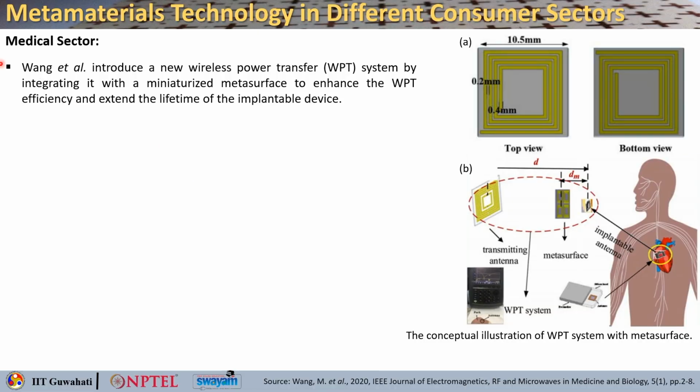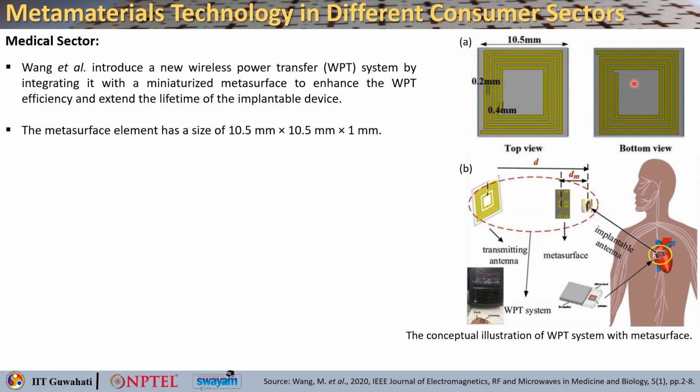Wang and others, another group, also introduced a new wireless power transfer system by integrating it with a miniaturized metasurface to enhance the wireless power transfer efficiency and extend the lifetime of the implantable devices. So, in their wireless power transfer system, you can see the metasurface element, the dimensions are 10.5 mm on both sides and thickness is 1 mm.